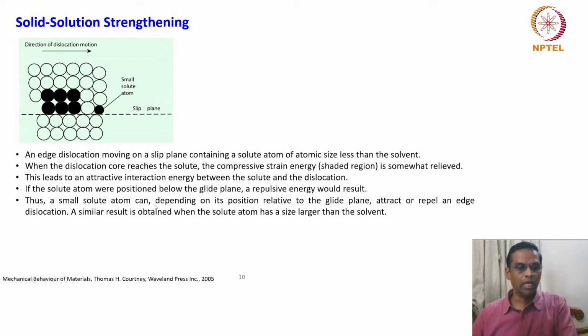Thus, a small solute atom can, depending on its position relative to the glide plane, attract or repel an edge dislocation. Okay. A similar result is obtained when the solute atom has a size larger than the solvent. Okay. So we are now generally talking about the size effect here.